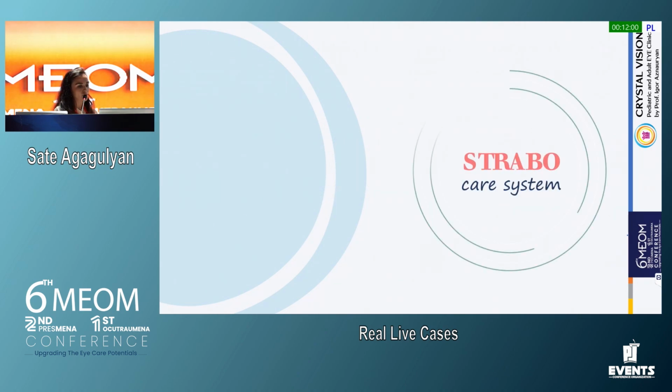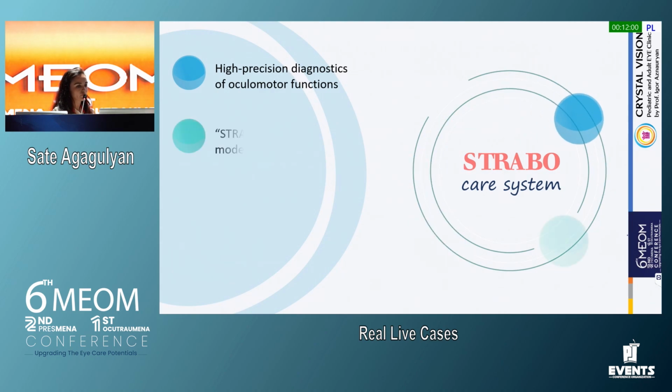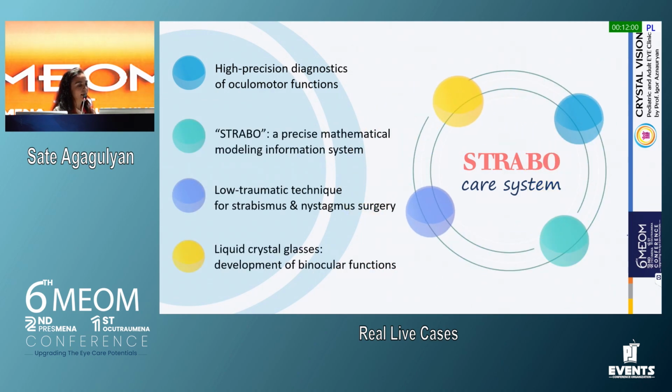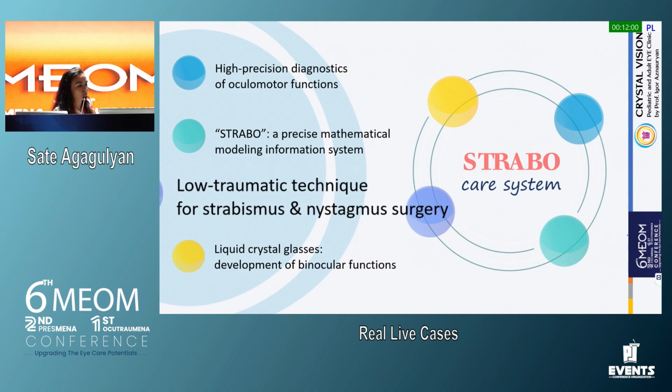We use the Strabo care system for all strabismus cases, also for traumatic strabismus cases, and it includes high precision diagnostics, a precise mathematical model of dosage of strabismus surgery, and low traumatic technique. We don't use scissors and knives, only radio wave knife surgery and liquid crystal glasses.